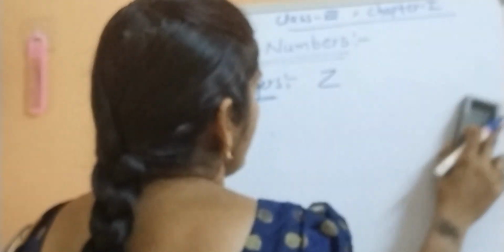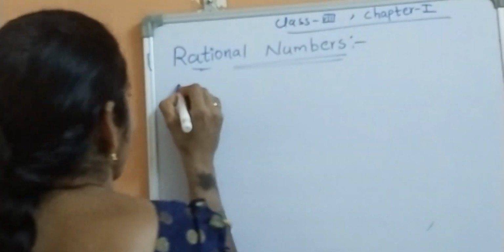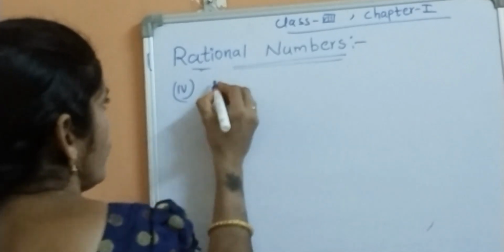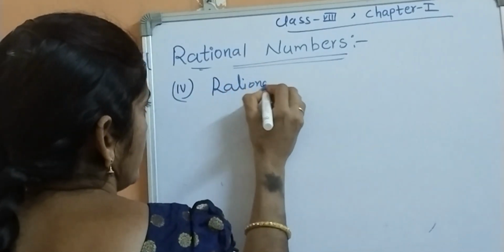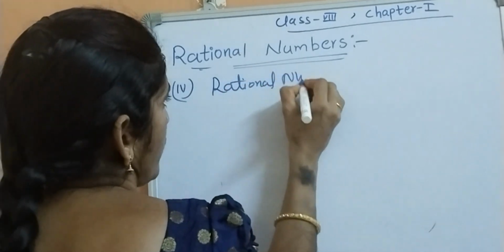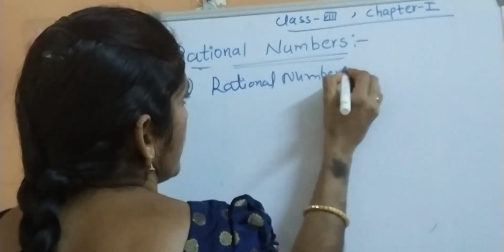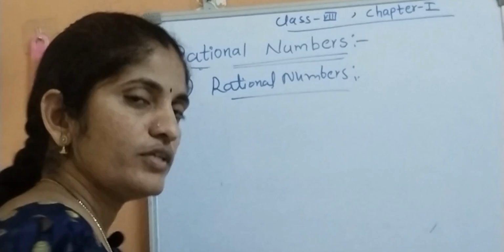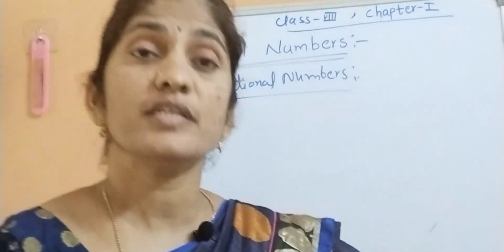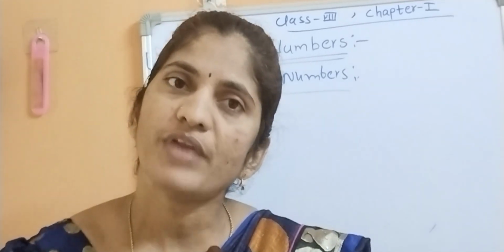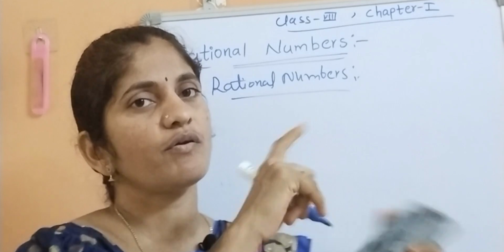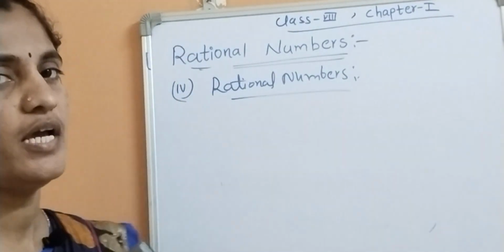Then coming to the fourth one, rational numbers. We came to our topic, rational numbers. So what are rational numbers? Natural numbers, whole numbers, integers, and also fractional numbers are called rational numbers.